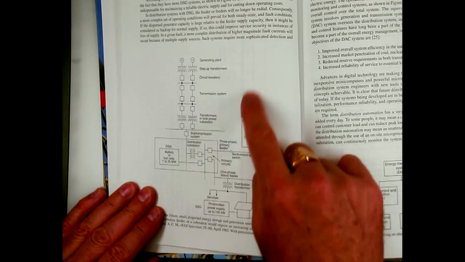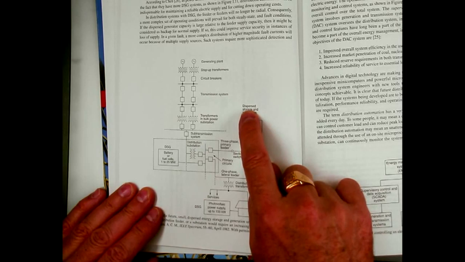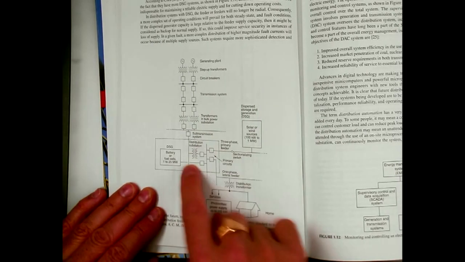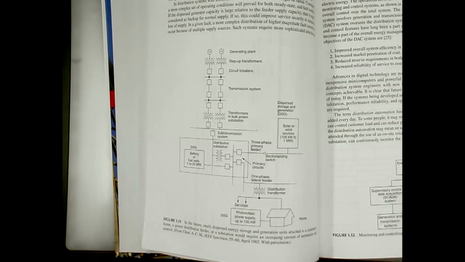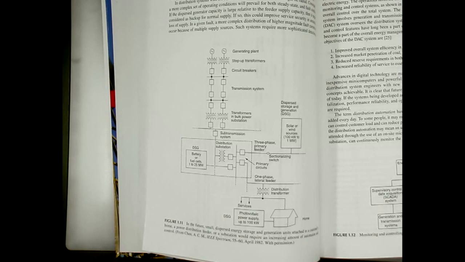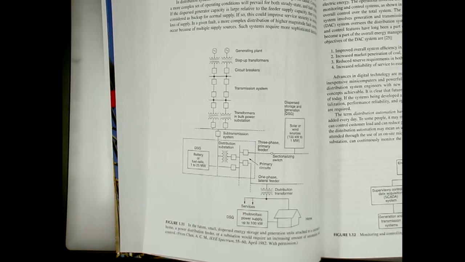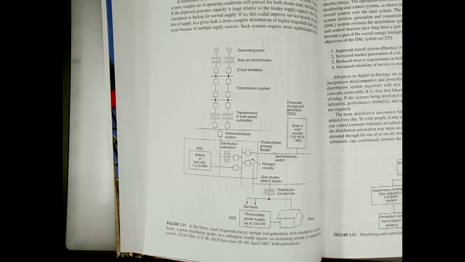In this particular case, the dispersed storage and generation, or sometimes it's called distributed, comes through here. I don't have to upgrade this transformer because it's normally connected on the secondary side of your distribution substation. That's where you connect your solar farm. That's where you connect your wind farm.